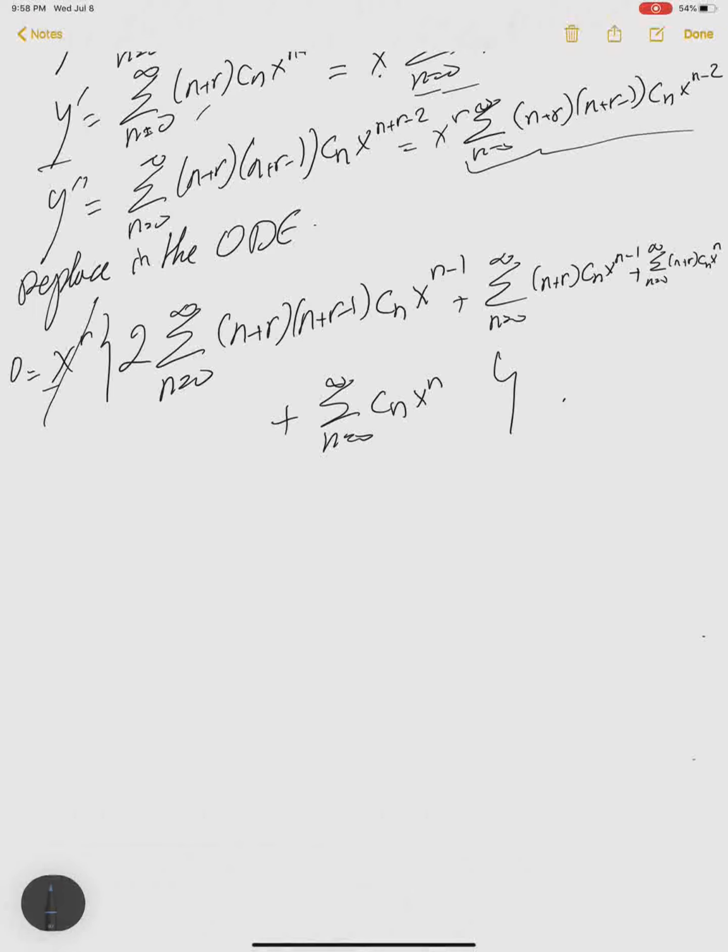So I re-index so that all the powers are x^k. So I take k to be n minus 1 here, I take k to be n minus 1 here, k to be n and k to be n.